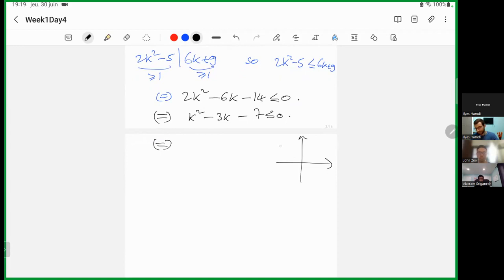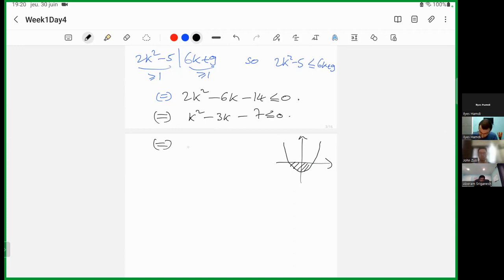Let me see if it has real roots or not. Yeah, this would be something like this. So it will be negative only in this shaded area. Otherwise, it's positive, right?